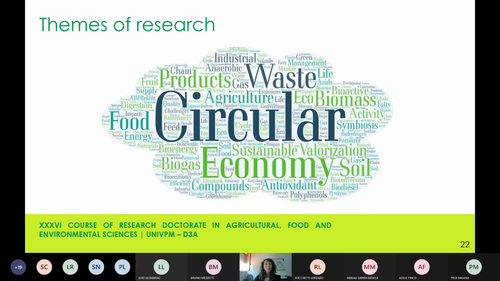Then we have the recovery of phosphorus from wastes, because phosphorus is at the top of the European Union's list of non-renewable resources for agriculture. Then we have the use of biomass as livestock feed, in particular for insects like Tenebrio molitor or Hermetia illucens. And then we have the recovery of highly nutritional compounds like antioxidants, like polyphenols, for example, from wastes.